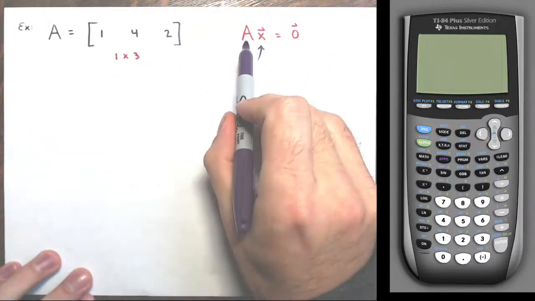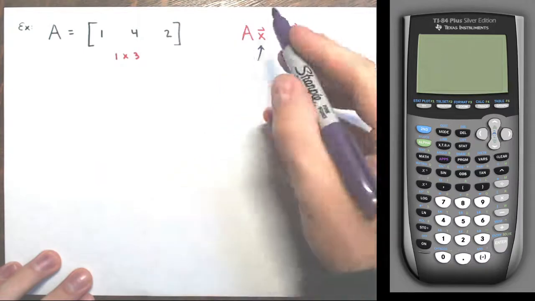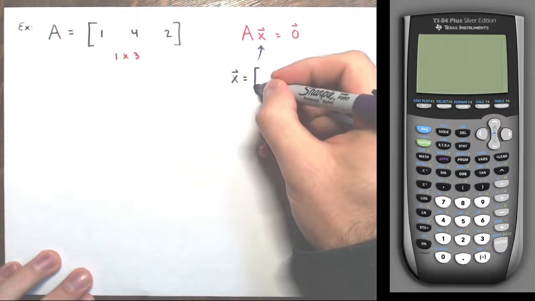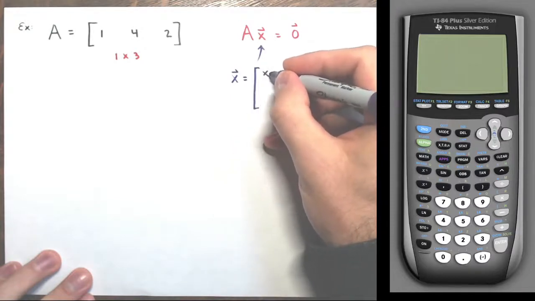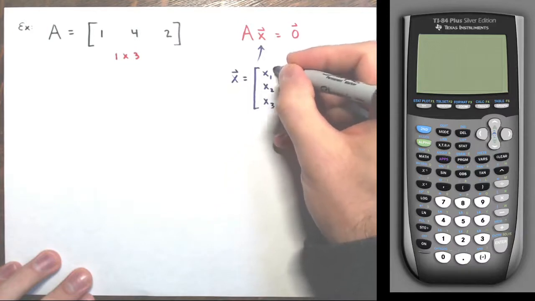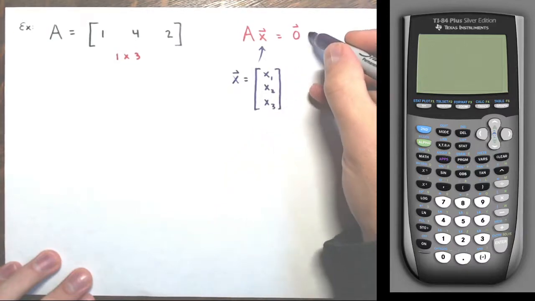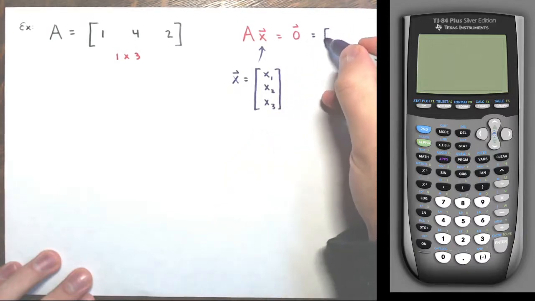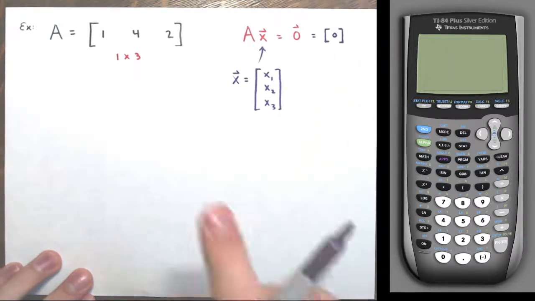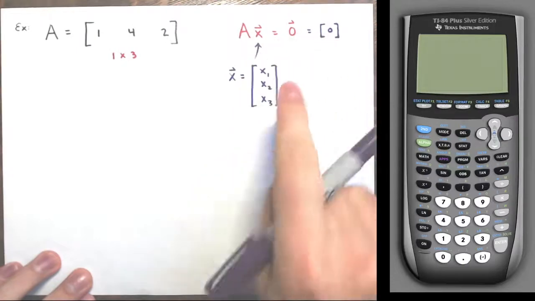The A is 1 by 3, so X needs to have three rows, right? So just like the first example, it's going to be a column vector with 3 components, x1, x2, x3. And then this 0 vector would just be the 1 by 1 matrix, right, with the number 0 in it, right? Because a 1 by 3 times a 3 by 1 would be a 1 by 1.